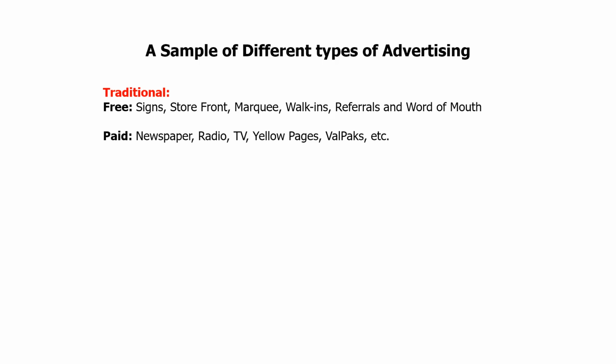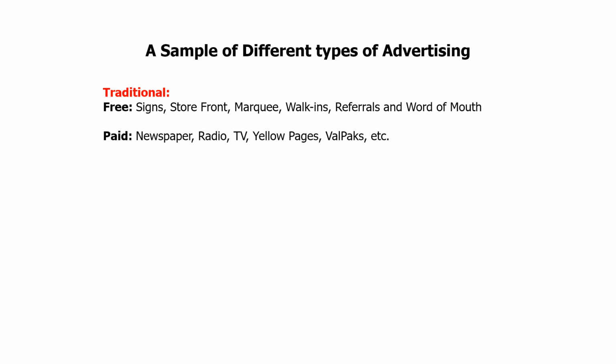Your business will be advertised on that sign. It helps promote walk-ins. Of course, you have referrals and word-of-mouth advertising. And on the paid front, you have the traditional newspaper and radio and TV ads, yellow pages, Valpaks, etc. Again, there's a lot of other types of paid advertising.